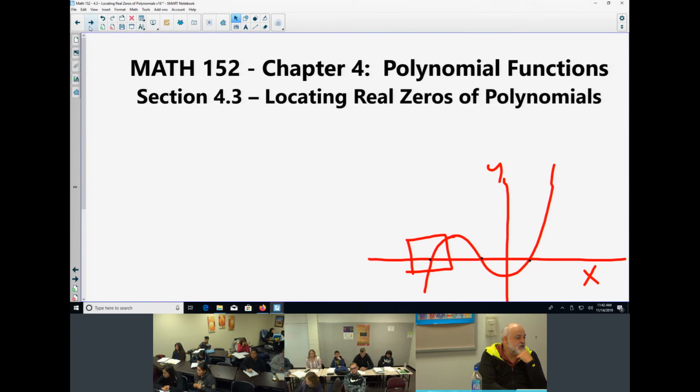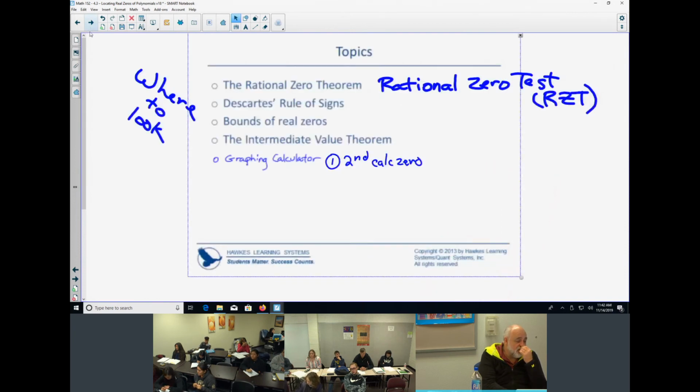So the different tests that we're going to use are the rational zero theorem, which tells us some of the possible zeros; Descartes' rule of signs; the bounds of the real zeros; and the intermediate value theorem.